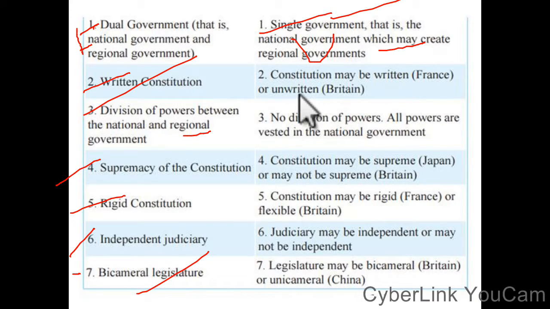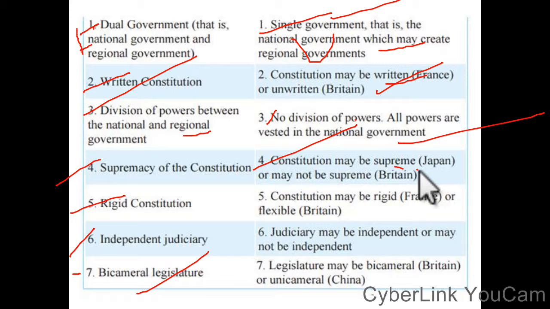Here, in a unitary government, the constitution may be written, as in France, or unwritten, as in Britain. There is no division of powers; all powers are vested in the national government.